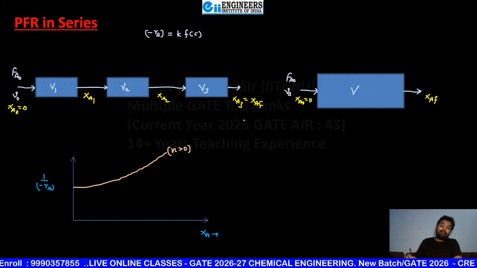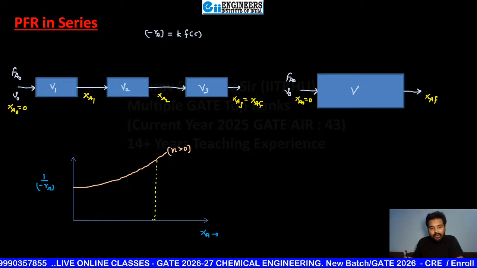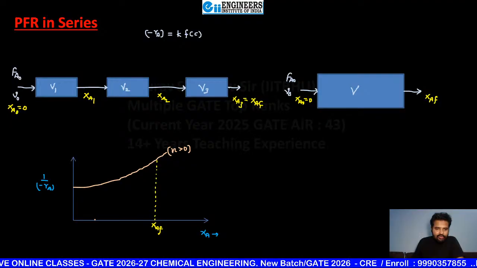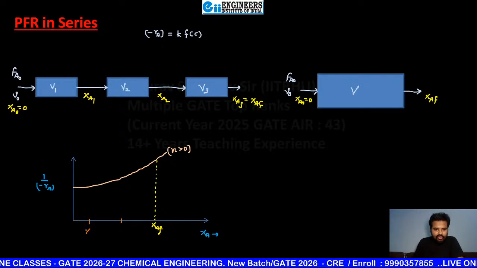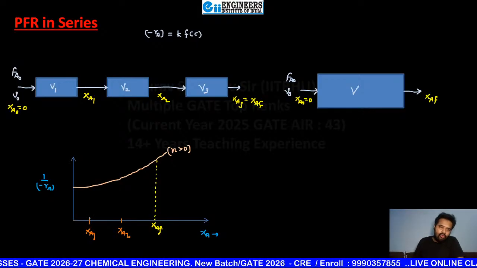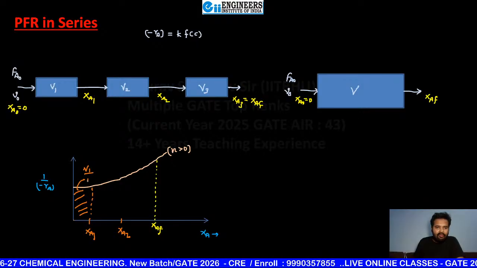If in both cases XAF is the same, I want to check in which case the volume will be more. So for the first one, suppose this is 0, this is XA1, this is XA2. For the first one, it will show you V1 by FA0 value.